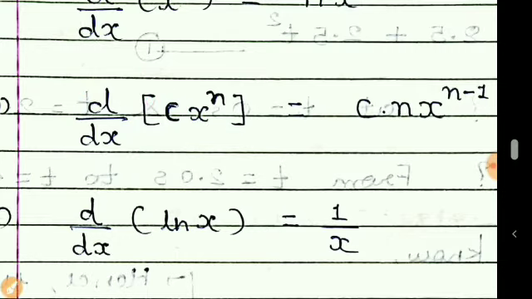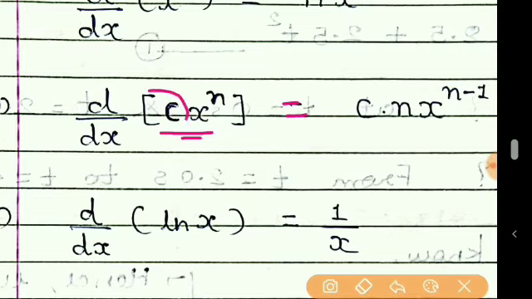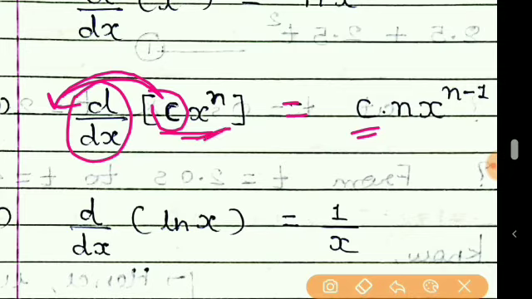So differentiation of this is equal to: the constant is to be taken out. So we have taken out the constant, and now what remained is d by dx of simply x raised to n, and we know that differentiation of x raised to n is n x raised to n minus 1, the one done earlier.